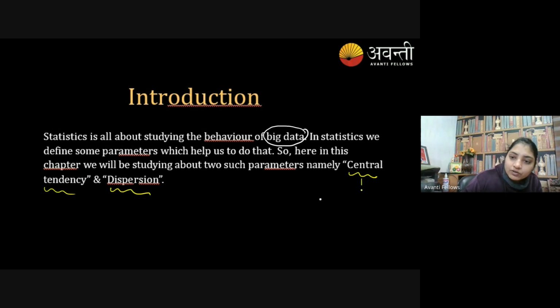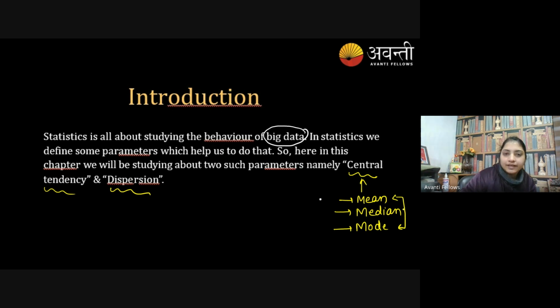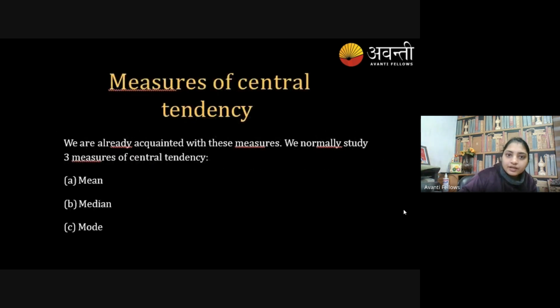Today we are going to move ahead with central tendency, and that has 3 options. One is mean, second is median, and the third, my dear friends, is mode. Is it clear to everyone? So 3 measures of central tendency: mean, median, mode.